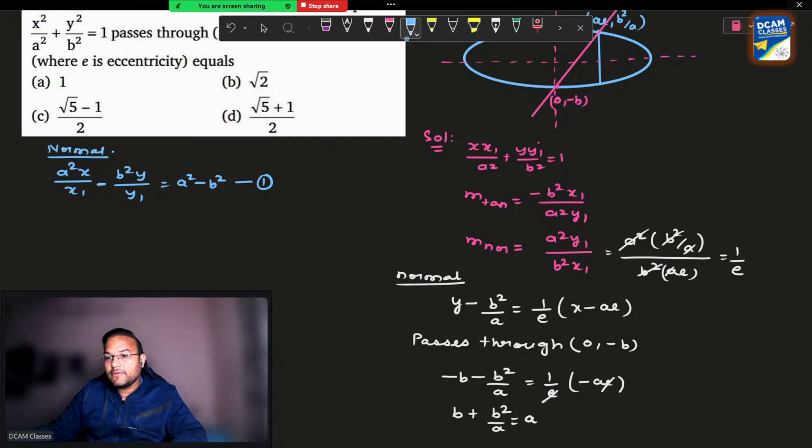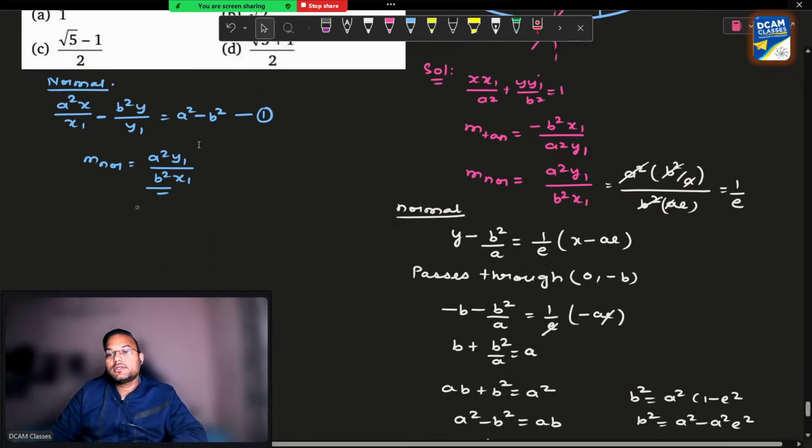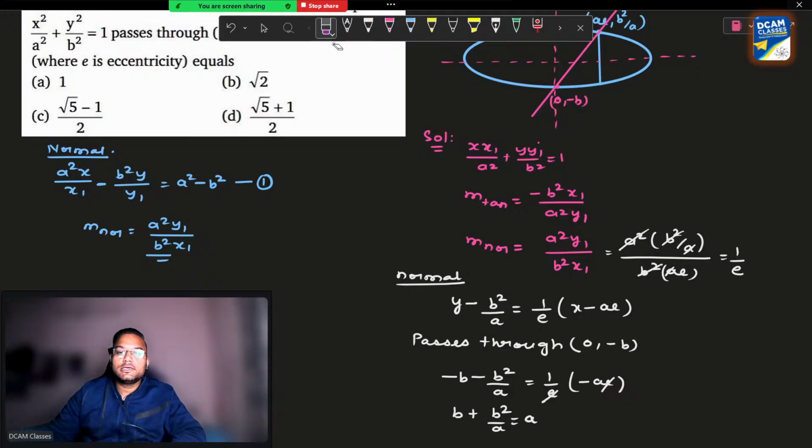Then directly I would have written the slope of the normal is a square y1 by b square x1. That's all. Or even no need to find the slope of the normal also. Just the normal equation is this. This is the normal equation.